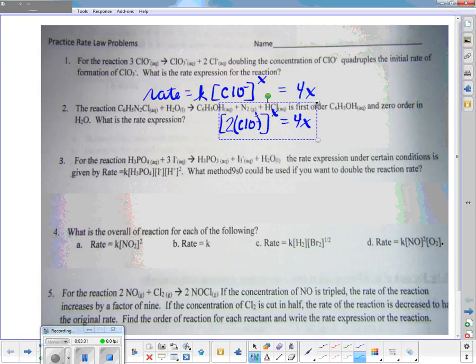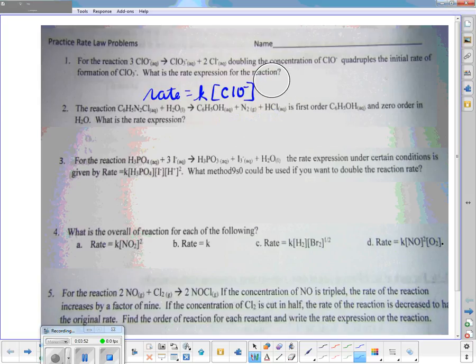And this isn't x, this is 4 times the rate. So what does x have to be? It has to be 2, right? It has to be 2, because 2 to the 2nd power, which is just 2 times 2, makes it 4, right? So my expression that I write here is that, done.